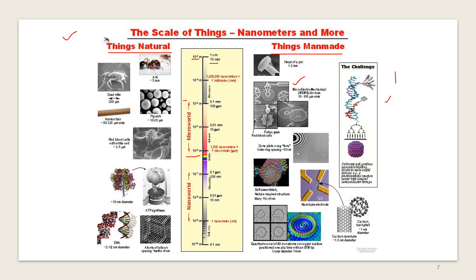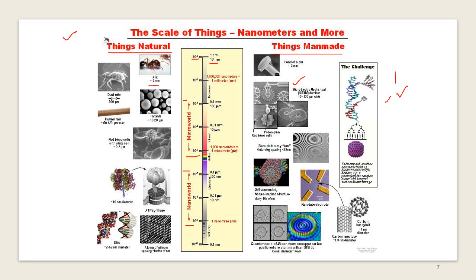Then the nano world starts from 10 to the power minus 7 meter to 10 to the power minus 9 meter. Between these bands, which are the natural things and which are the man-made components? Let's see. An ant is approximately 5 mm in size, which we can observe.